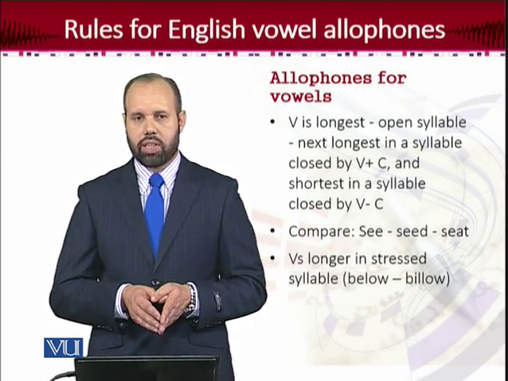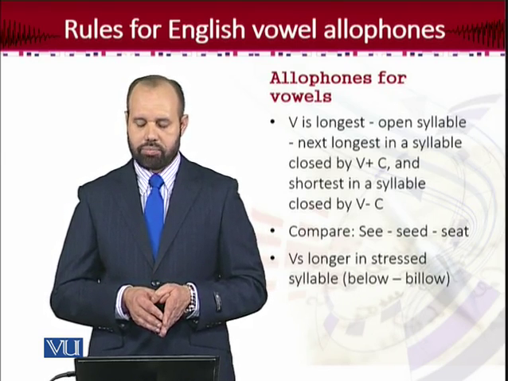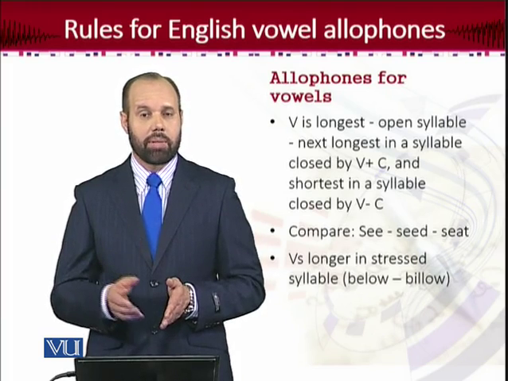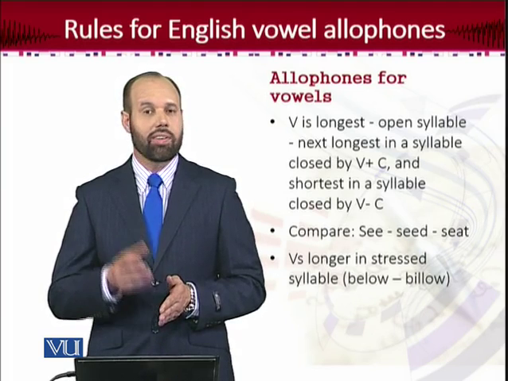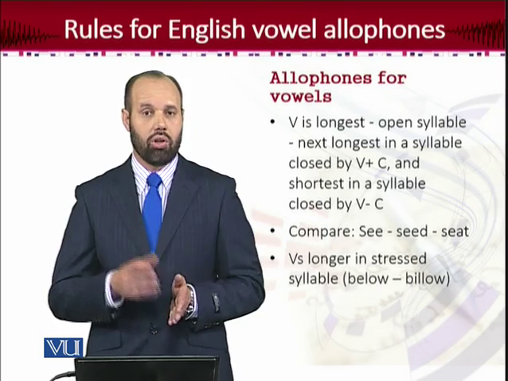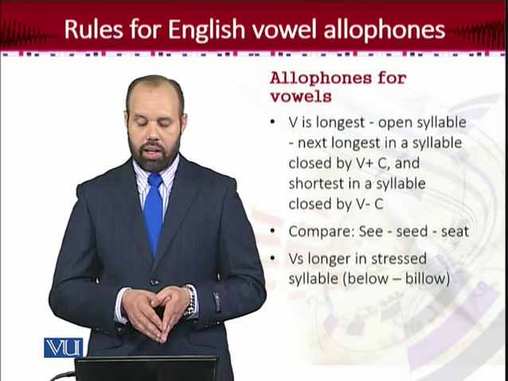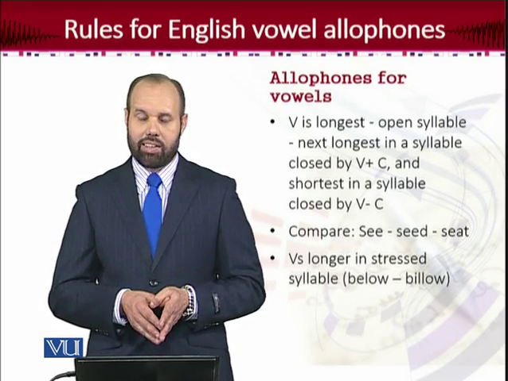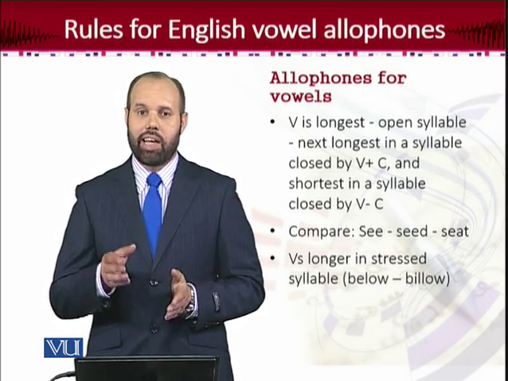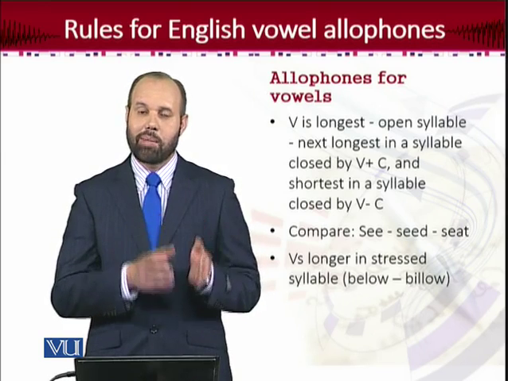If you compare these two words, below and below: in the one where the stress is on the second syllable, the O vowel is the longer one, compared with the one where the first syllable is stressed.